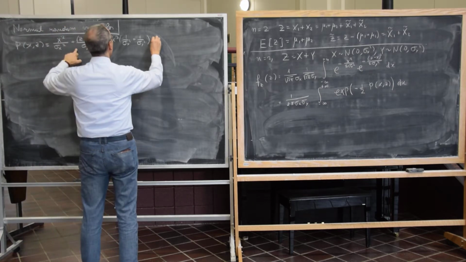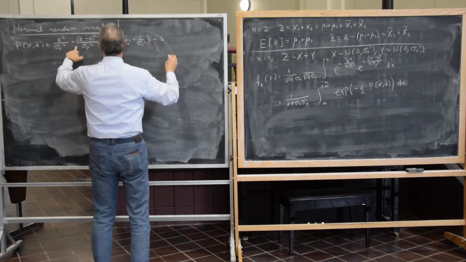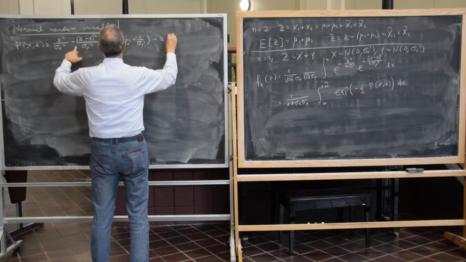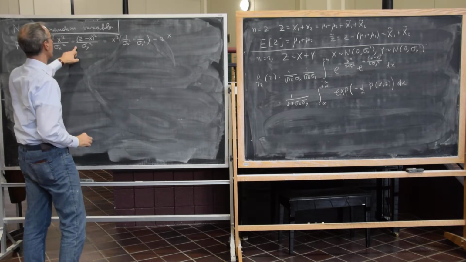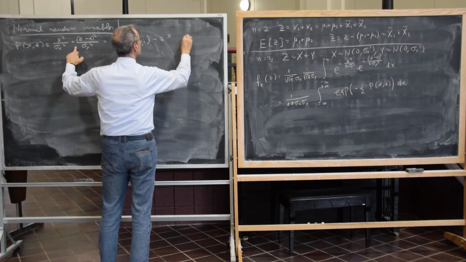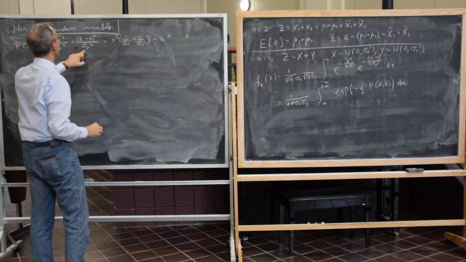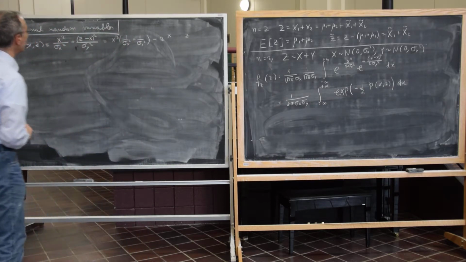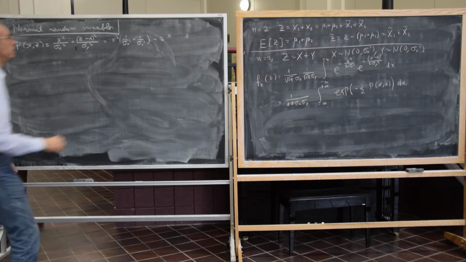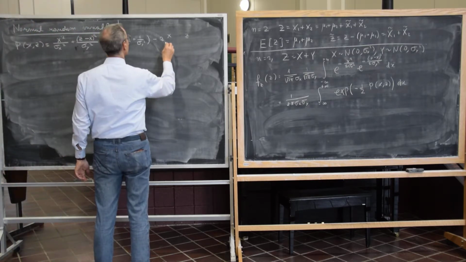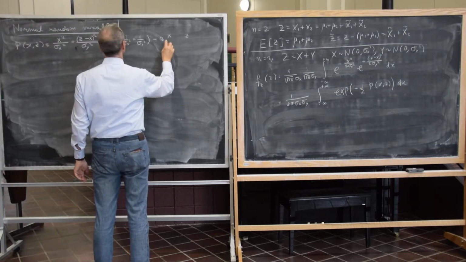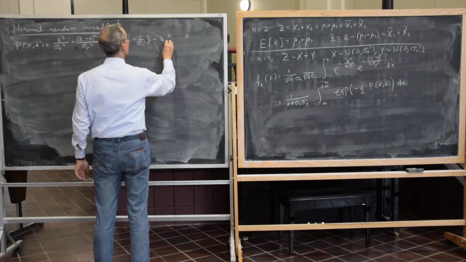Then there is a minus 2 x z, and there is a sigma y squared in the denominator.